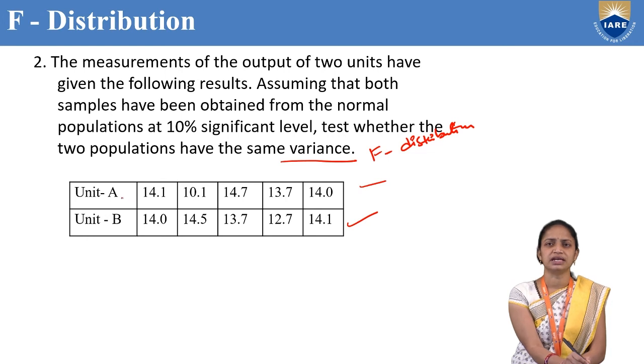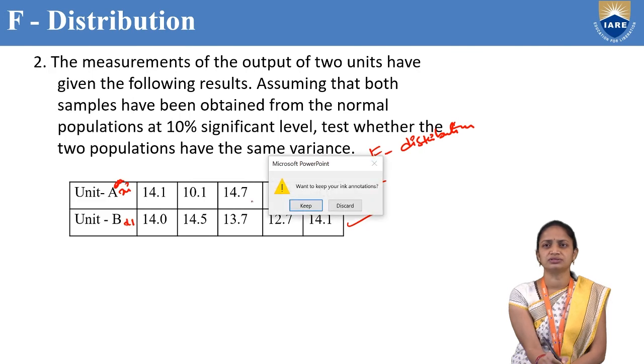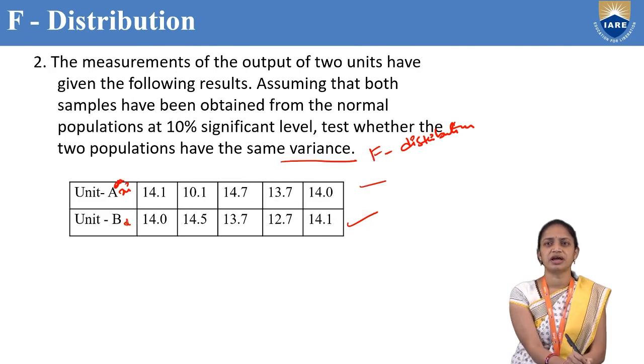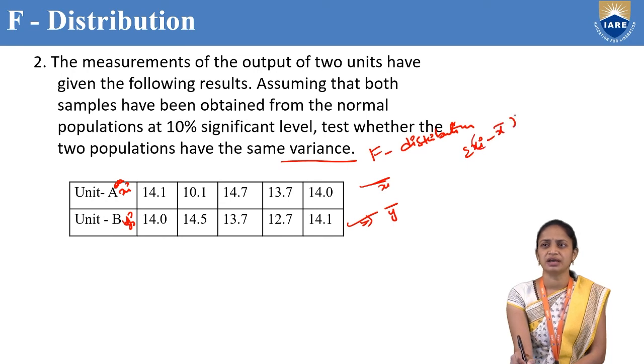Let us consider these are xi values and these are yi values. From these we can find x bar and y bar, and summation xi minus x bar whole square and summation yi minus y bar whole square.